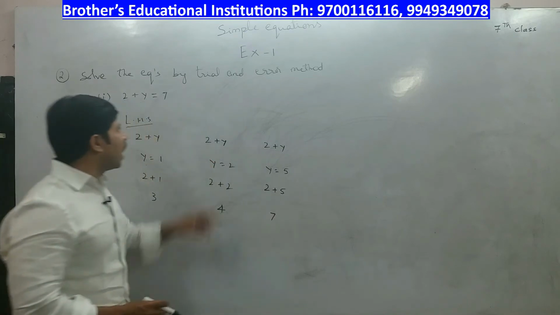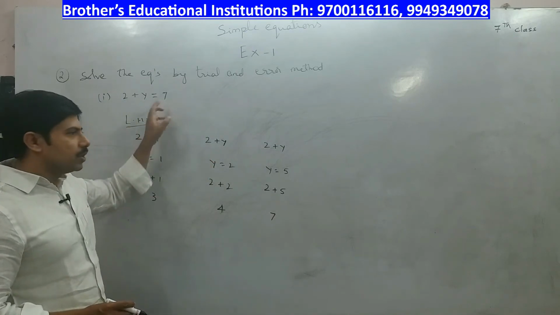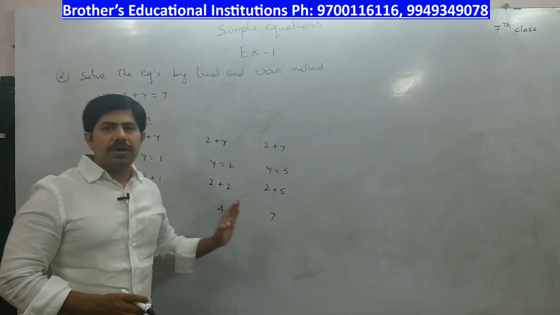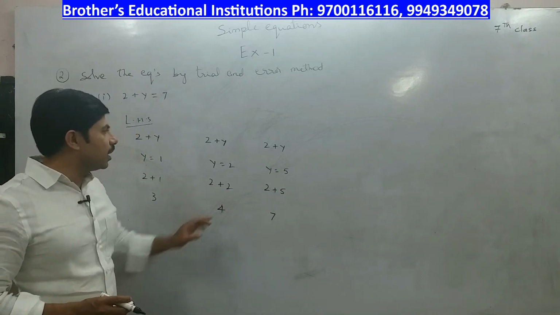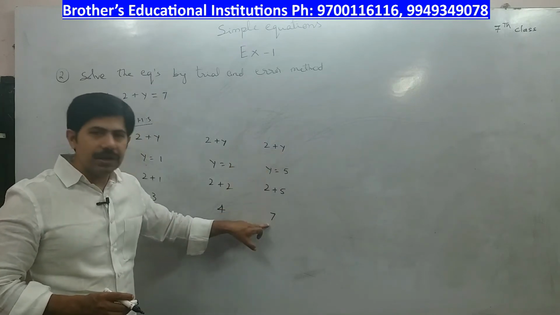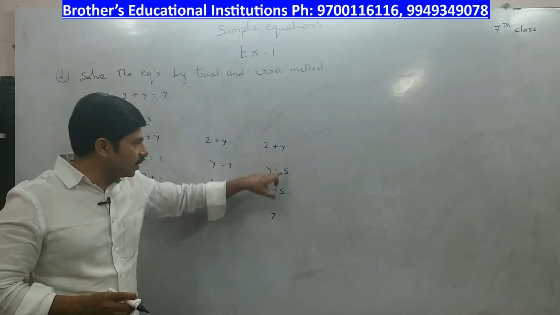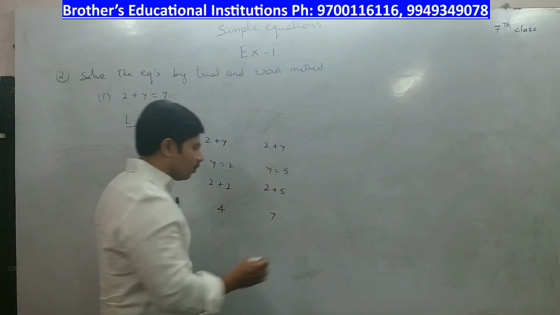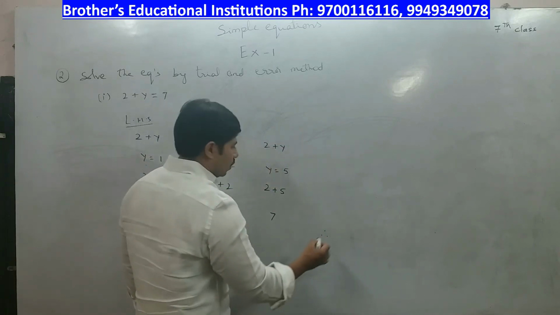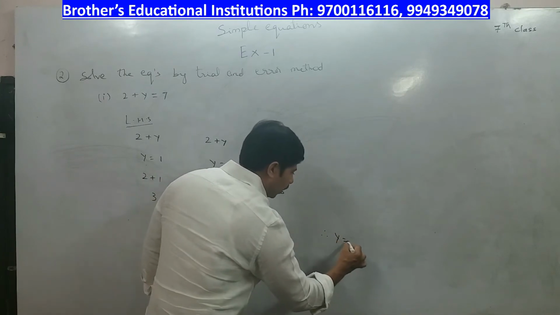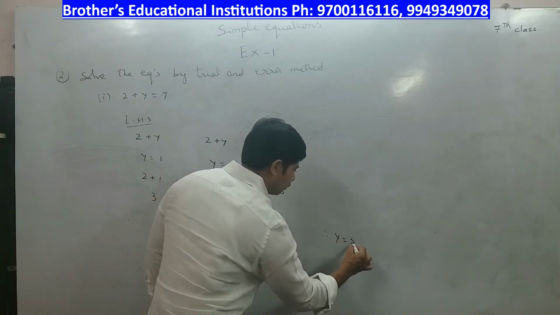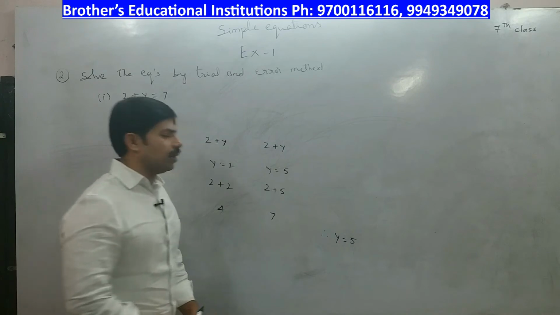It is 7, and RHS is 7. So by trial and error method, we conclude that the value of y is 5. Okay, note this down.